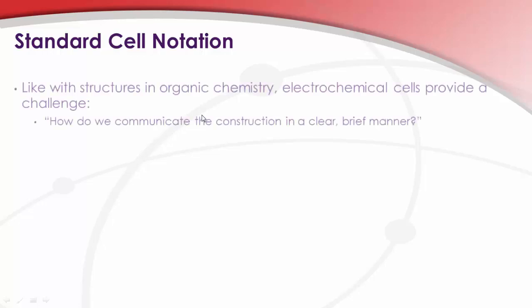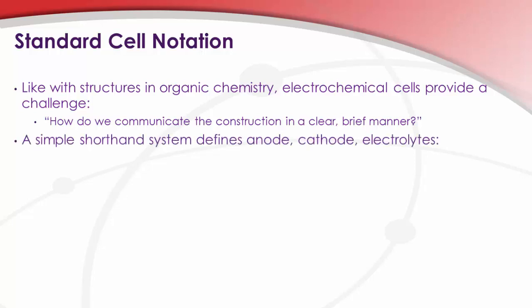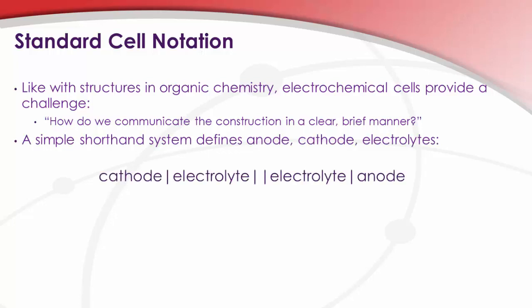Okay, so we have a similar problem in electrochemistry as we had with organic chemistry. And that is, how do we communicate an electrochemical cell configuration in text, briefly? So if we want to send someone an email describing an electrochemical cell that we have built, how would we do this? Well, it turns out they've designed a shorthand system for describing this very succinctly.